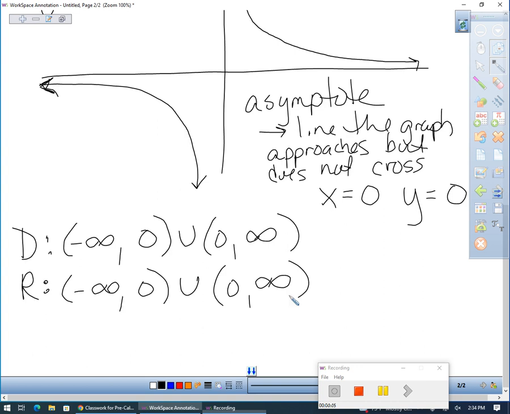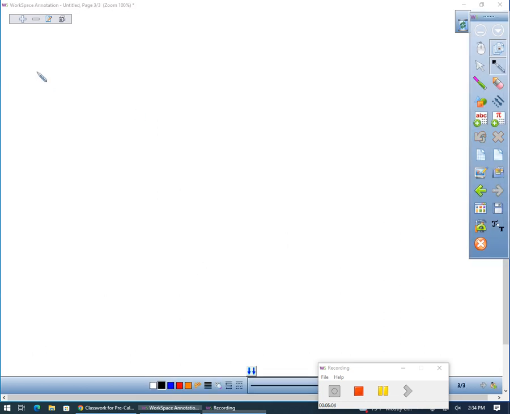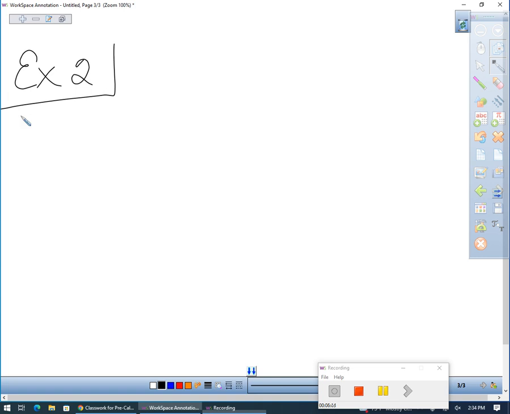Here's where I want to start. Example number 2. In problems, 4 problems, 8 through 12. It's going to ask you to do a few different things. 1, it's going to ask you to graph the function.